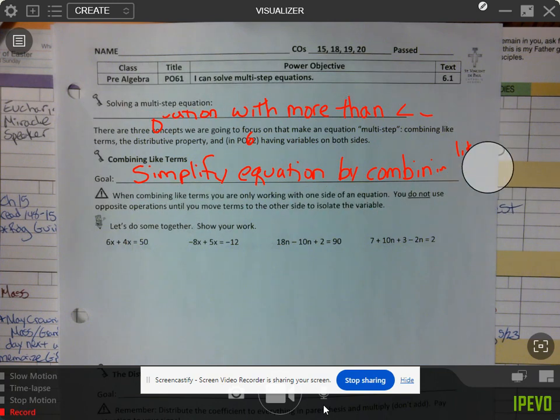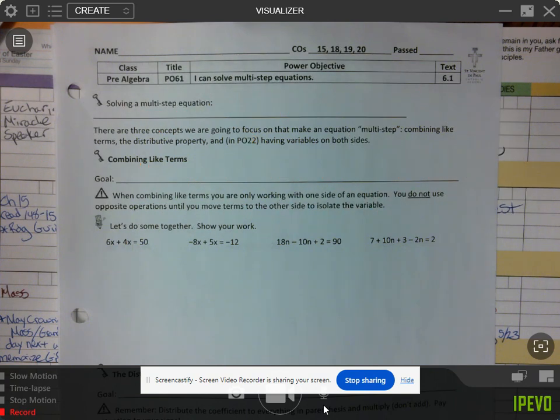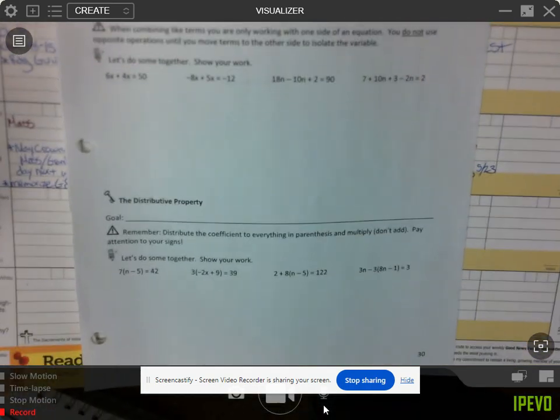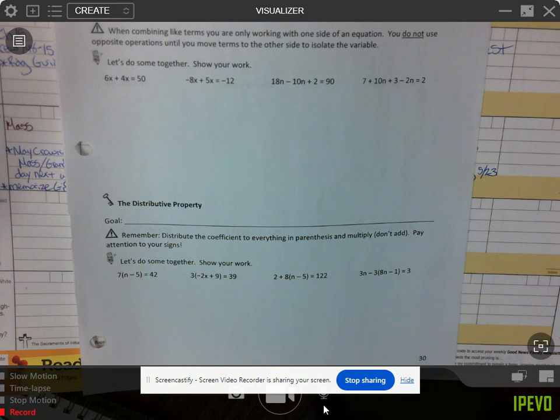So let's look at what this means. When combining like terms, you are only working with one side of an equation. You do not use opposite operations until you go to the opposite side of the equal sign, when you move terms to the other side to isolate the variable.